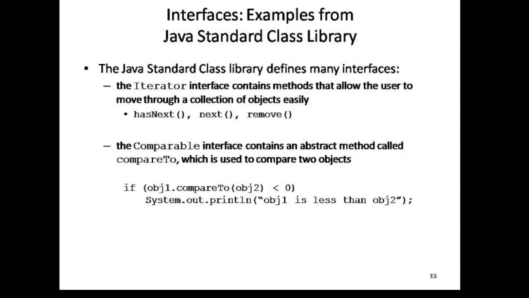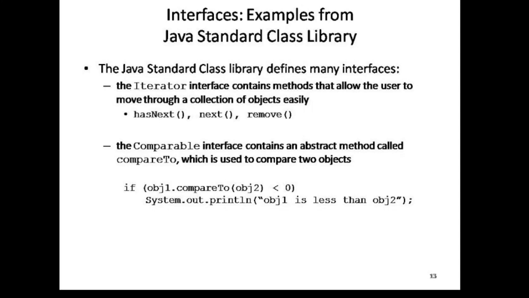The methods provided by the iterator interface are hasNext, next, and remove. The hasNext method checks whether another element is available or not, the next method gives us the next element inside the collection, and the remove method removes whatever element you want to remove from a particular collection.